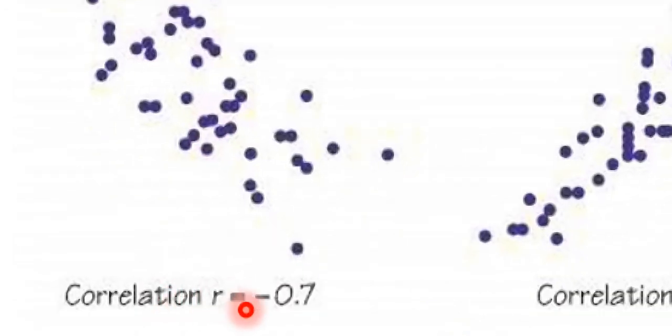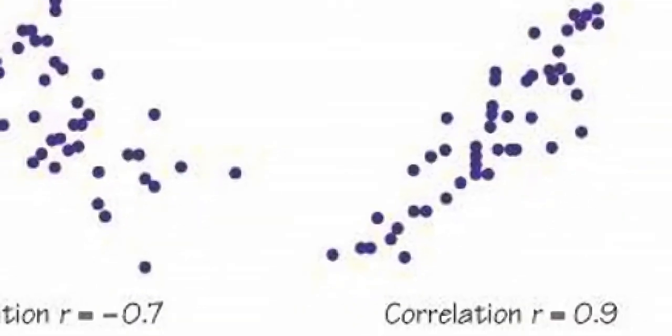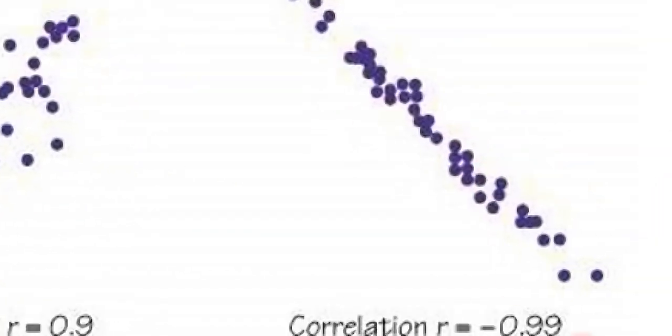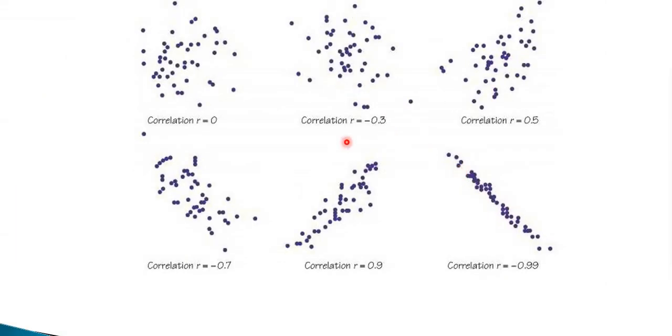Here, the correlation R is negative 0.7, and as you can see, the data points are closer to each other and going downward from left to right. Here, very close to 1, 0.9, the data points are very close to each other and are going up from left to right. Similarly, very, very close to 1, almost 1, very close data points and going down from left to right. And all of these are actually described numerically by our correlation coefficient, R.